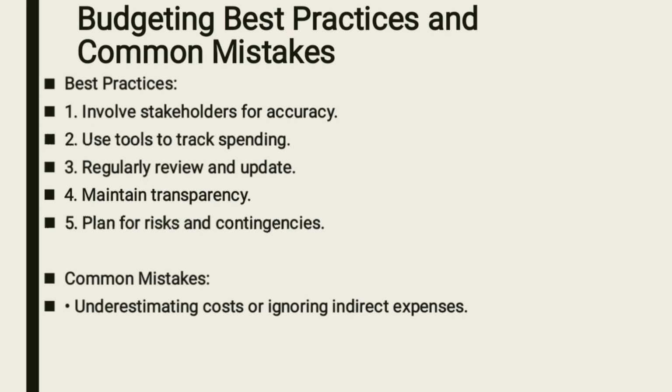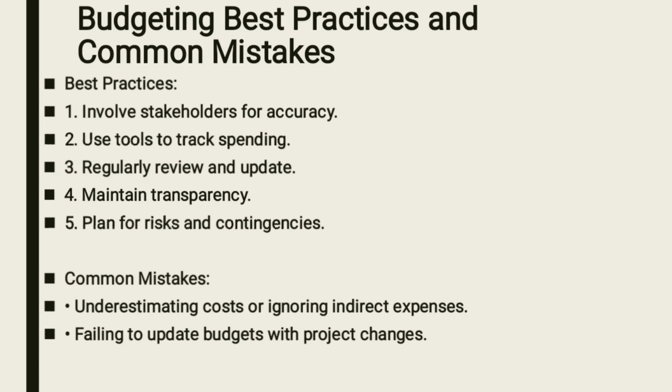Common mistakes: underestimating cost or ignoring indirect expenses. These are some of the mistakes which you as a project manager can make, where instead of putting the right cost, you underestimate, or you ignore some indirect costs.